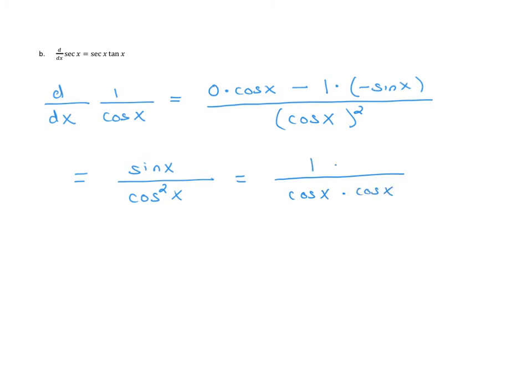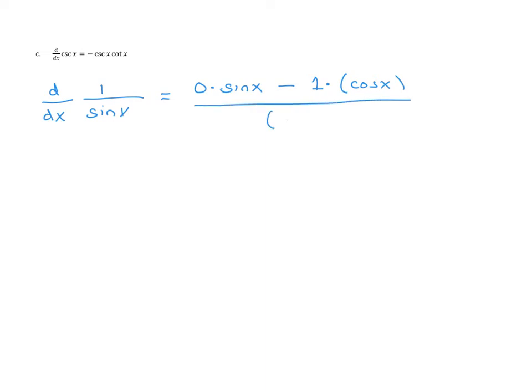And the numerator, you can write it as 1 times sine of x. 1 over cosine is the definition of secant, and sine over cosine is the definition of tangent. So that is 1 over cosine of x becomes secant, and sine of x over cosine of x becomes tangent. And this proves our formula.